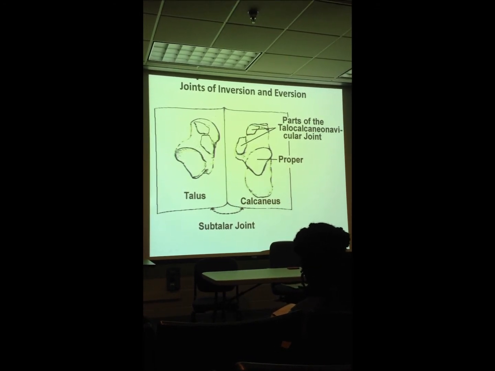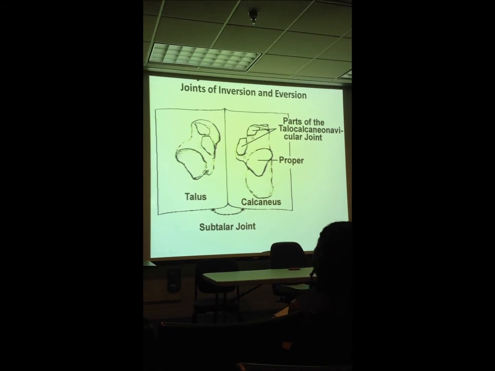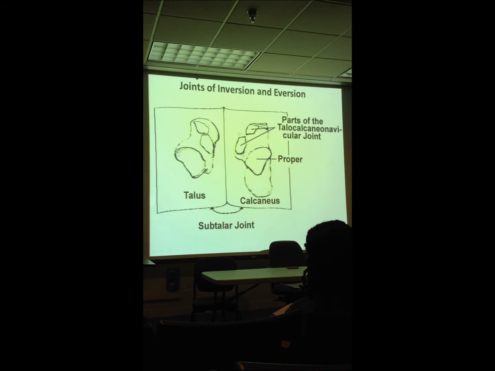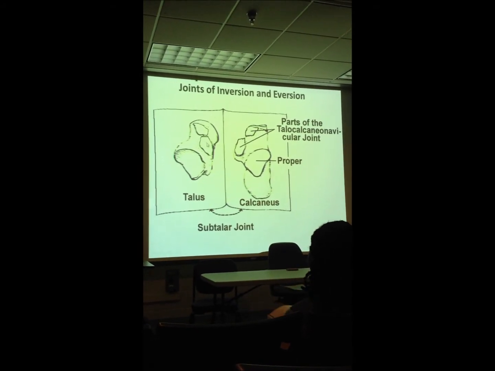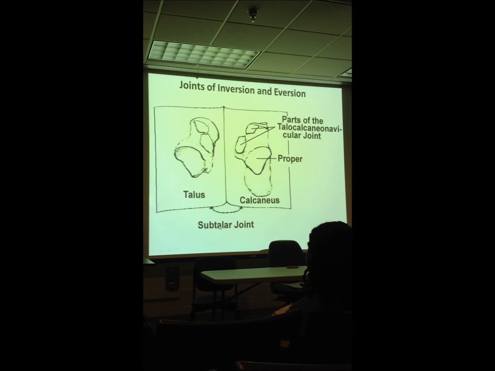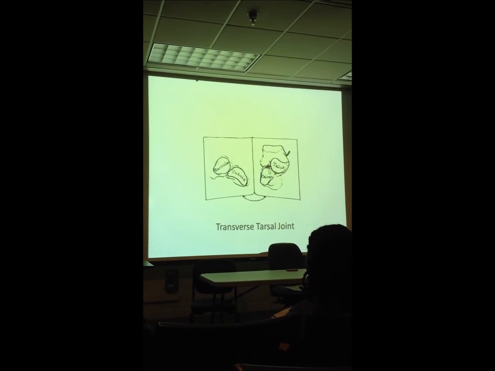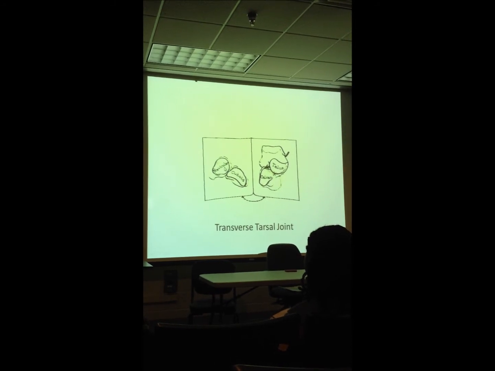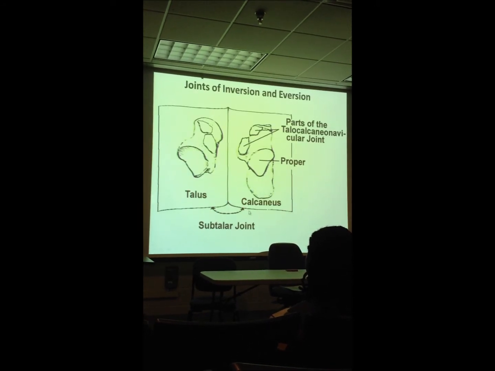There are two parts where the talus is articulating with the calcaneus and with the navicular. So these two parts are not the subtalar joint proper. There are other parts of the subtalar joint that actually get involved with the navicular bone as well. Be that as it may, this is a subtalar joint. This is a transverse tarsal joint, where the talus now is articulating with the navicular and the calcaneus is articulating with the cuboid. So the two joints of inversion and eversion are the subtalar joint and the transverse tarsal joint.